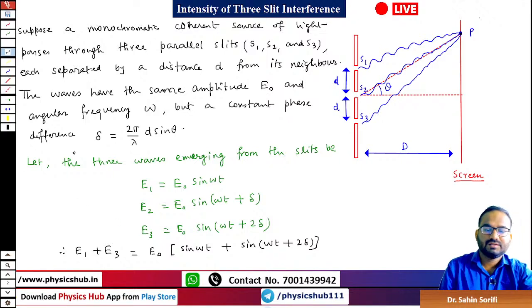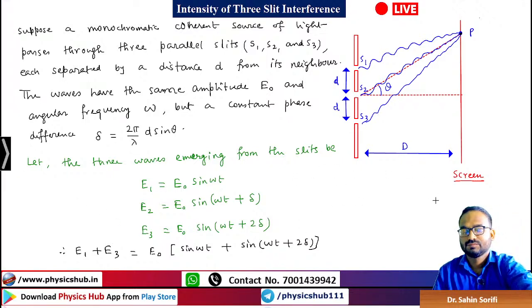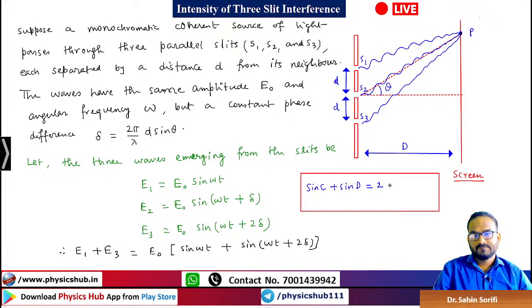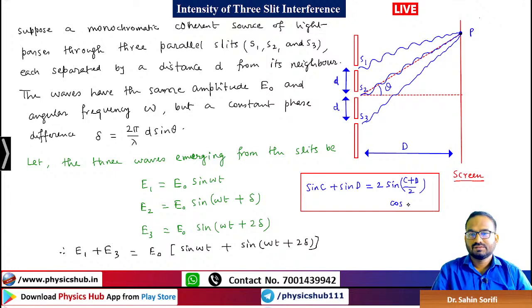Now you know a trigonometric formula. What is that formula? Sin C plus sin D equals 2 sin of (C plus D) by 2 times cos of (C minus D) by 2.